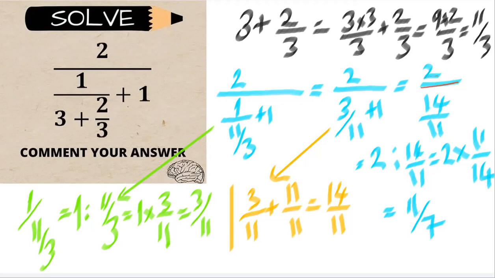Now we have 2 divided by 14 over 11. So the same idea we used in this green part, we will apply for this. So this big fraction bar means division. So instead of this, we wrote it in this way. Division means multiplying with the inverse of our fraction. So instead of 14 over 11, we write 11 over 14, and we multiply them.